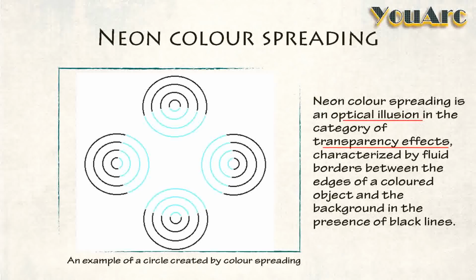A circle is created by color spreading. Actually we don't have any circle at this particular point. It is created by an illusion because of the difference in color of this particular circle and this particular circle. So this is created as illusion. This is called neon color spreading.